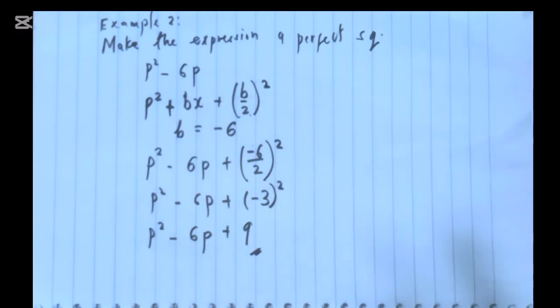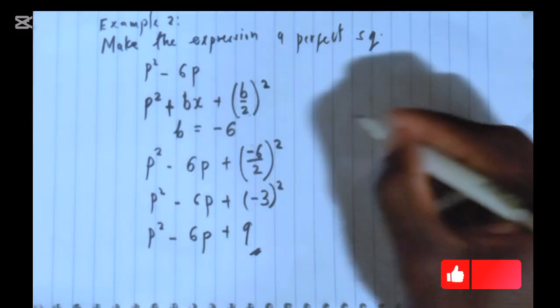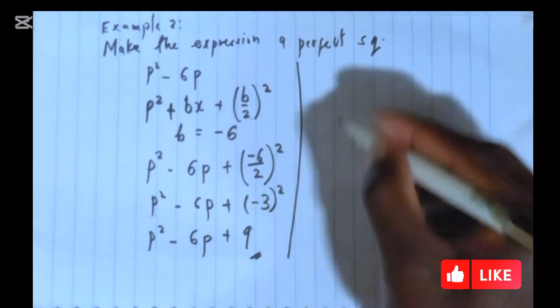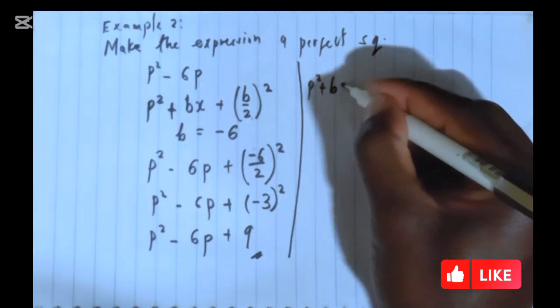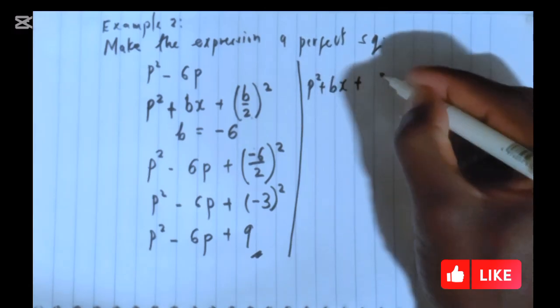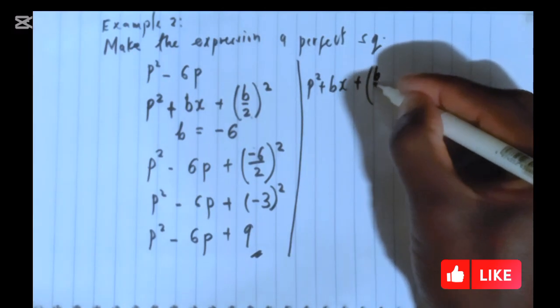Though this is not part of the question, if we were to find the square root, how would we handle this? Remember that we can always find the square root if we have it in the form p squared plus bx plus b all over 2 squared, which is the form for all perfect squares in a quadratic expression.